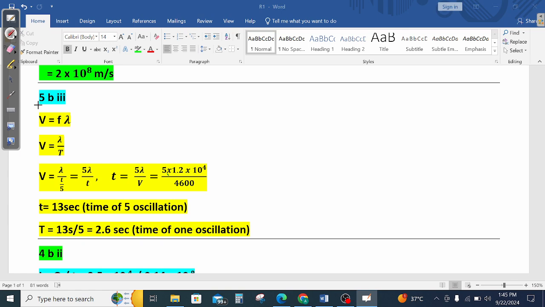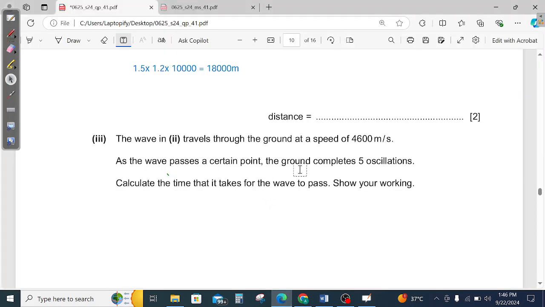Look at that. You have to apply the formula v = fλ, and here f is the frequency, known as the reciprocal of the time period, so you have to replace f with 1/T. In the question it is mentioned that there are 5 oscillations. If you look at the question, the ground completes 5 oscillations.